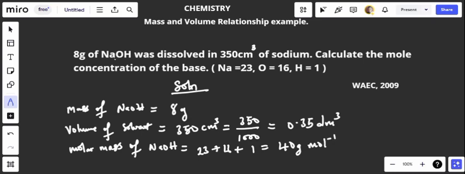So that means 1 mole of this base, sodium hydroxide, is made up of what? 40 grams.